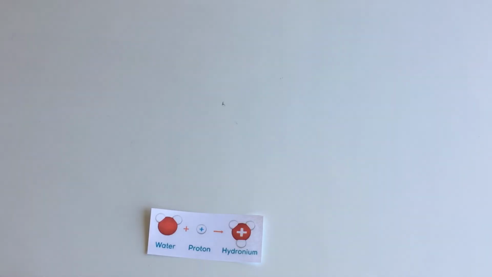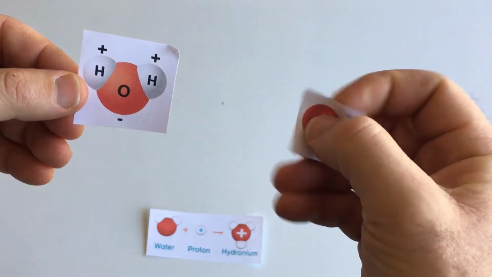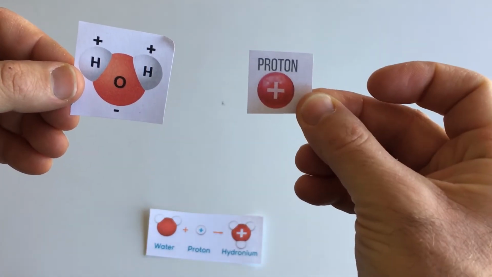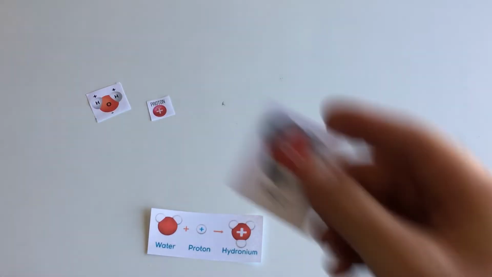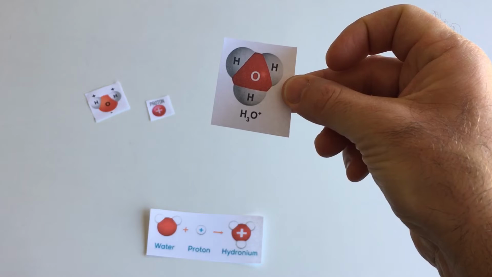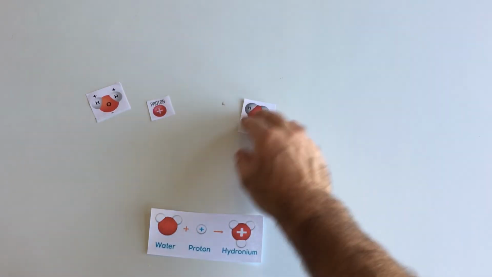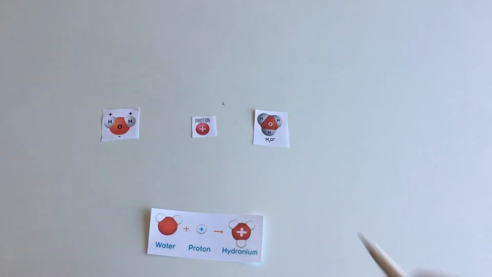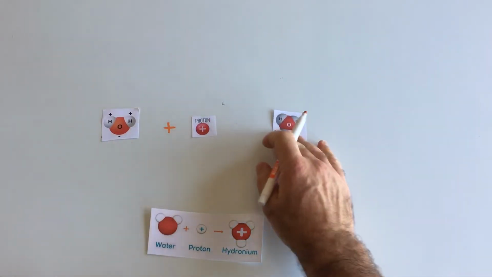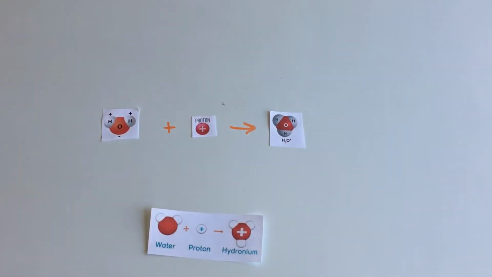Okay, so what that says is if you have water, and you have a proton held right side up, that somehow you get hydronium ion. Wait, what? That seems a bit like magic. If I have water and I add a proton, I get hydronium ion?